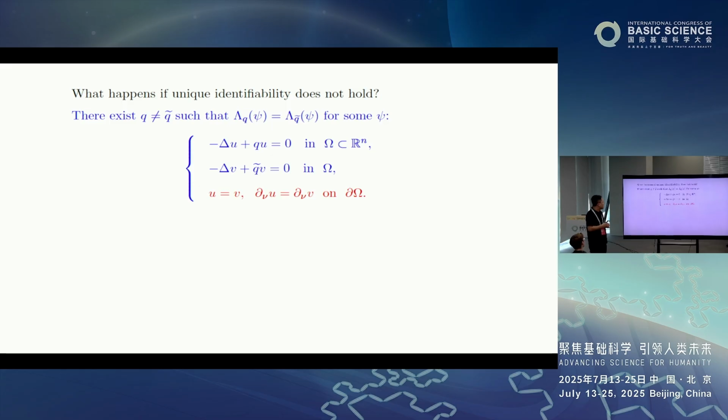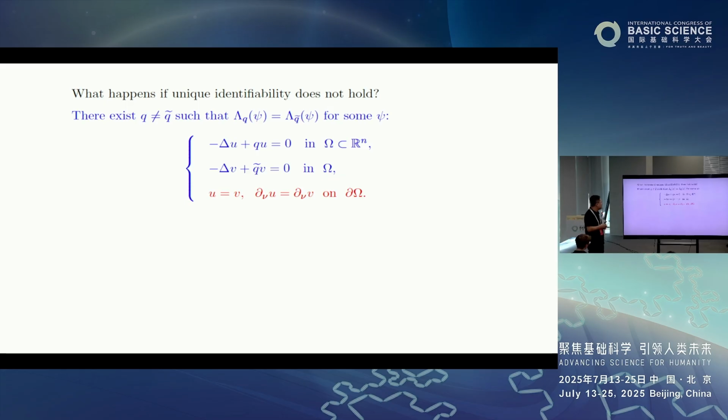So immediately, associated with Q, we get this potential field U: minus Laplace U plus Q U equals 0, and minus Laplace V plus Q tilde V equals 0. And on the boundary, we get U equals V because we have the same input, that's the Dirichlet data. And they also generate the same output, the Neumann data. So we get the normal derivative of U equal to the normal derivative of V.